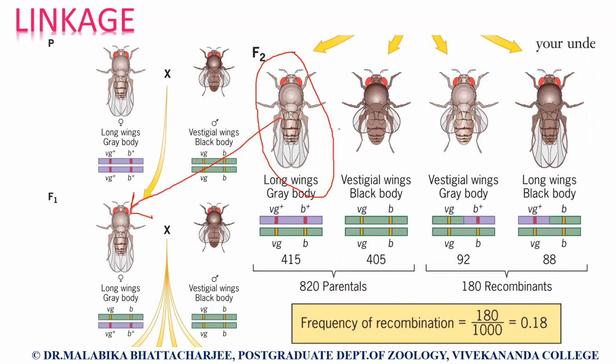If we look into the second fly, as you can see, similar to its parents. So these are the parentals. And when they counted the number of flies, it was 820.